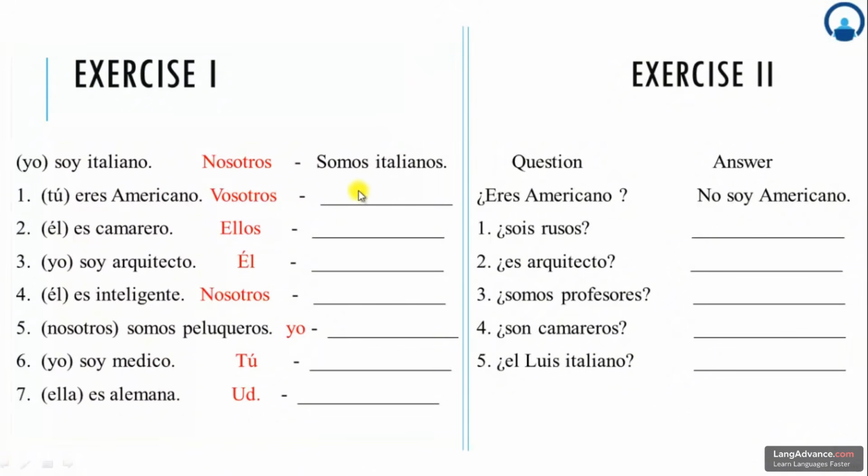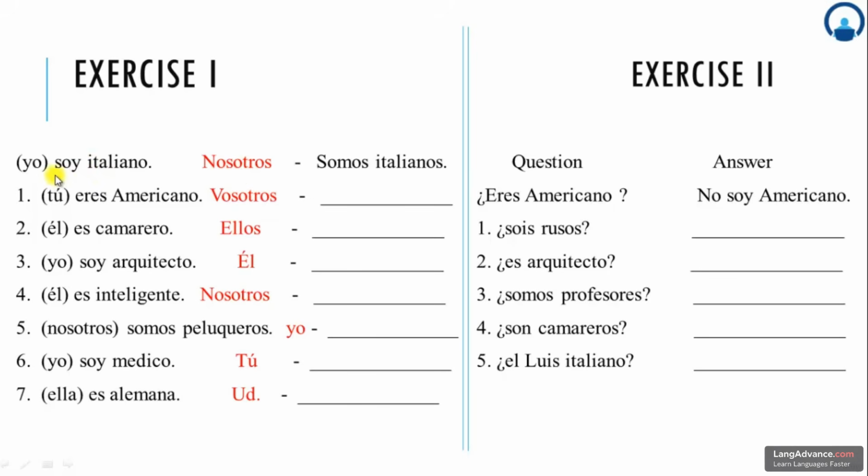So how to do this exercise: read the first statement, for example, yo soy italiano, I am Italian. The subject pronoun written in red is nosotros. So what you have to do is refer to this statement and convert it according to the subject pronoun written in red.